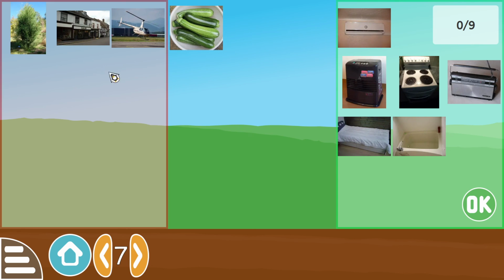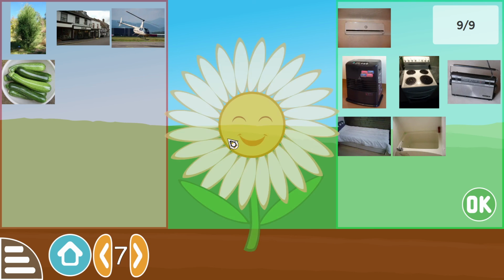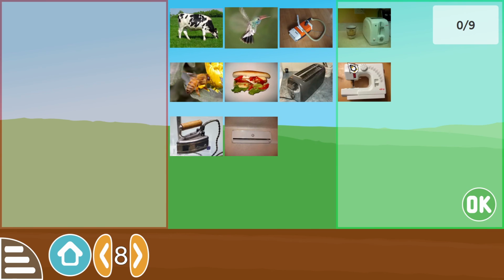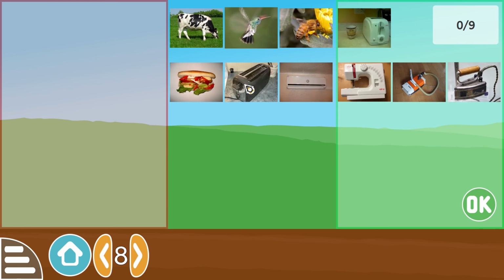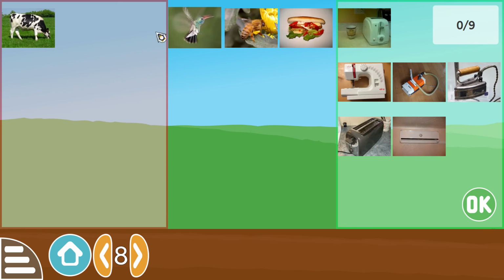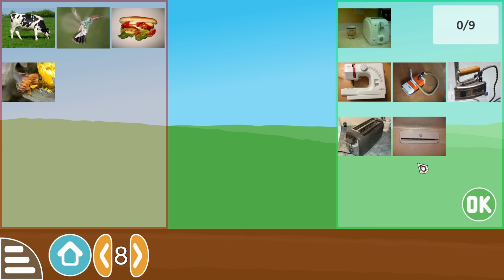But tree, building, helicopter, and cucumbers I wouldn't call household goods. Sewing machine, vacuum cleaner, vintage iron, toaster, air conditioner I would, but cow, hummingbird, bee, and sandwich I wouldn't.